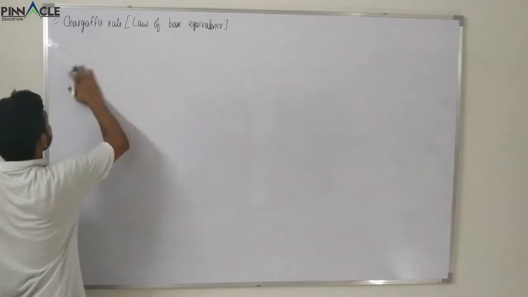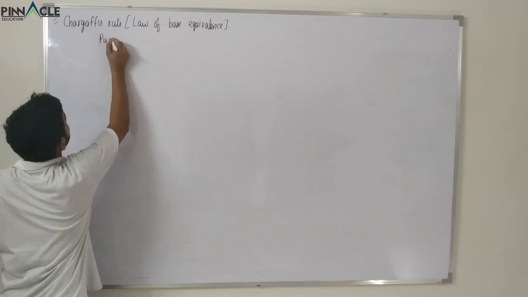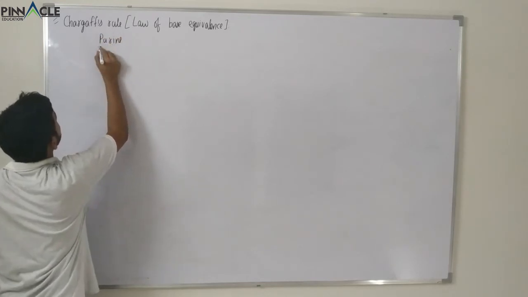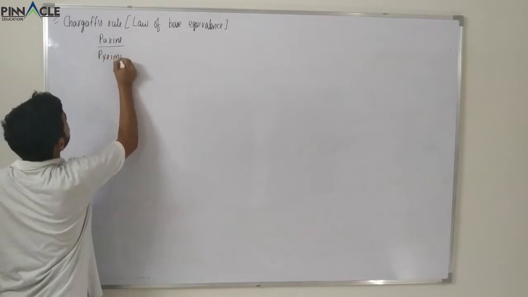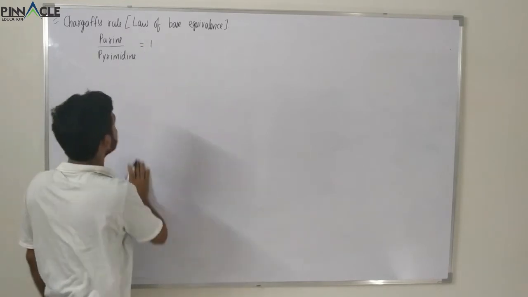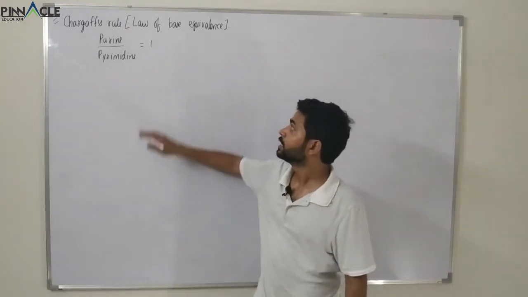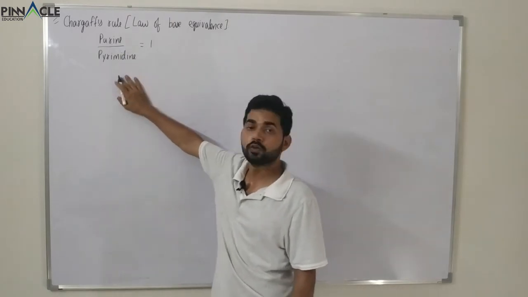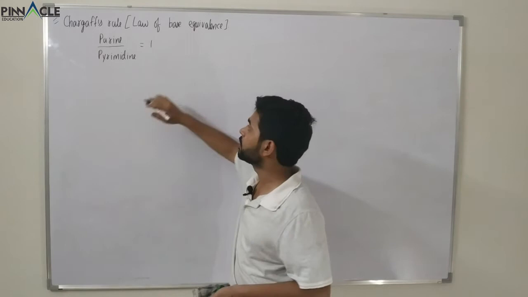That is, the molar ratio of both will be the same. So the ratio of purine to pyrimidine is 1, that means the purine is equal to pyrimidine in terms of molar concentration or in terms of exact number.